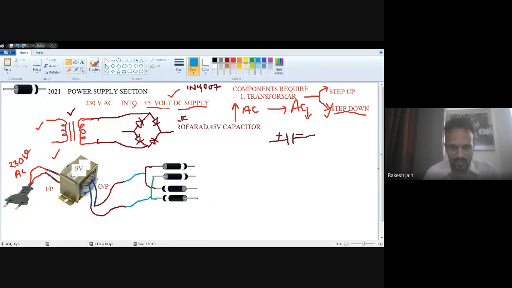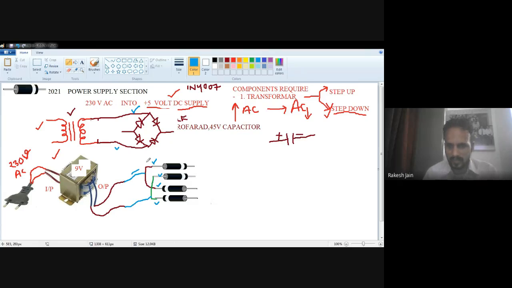The same thing which I connected here. One anode and one cathode are connected, then connected to the upper side of the transformer. One anode and one cathode are connected, and then connected with the transformer.